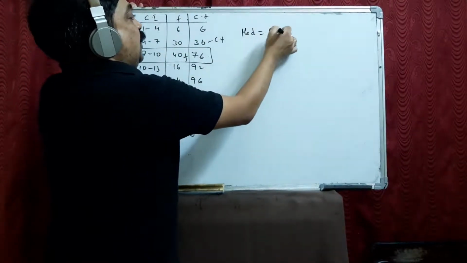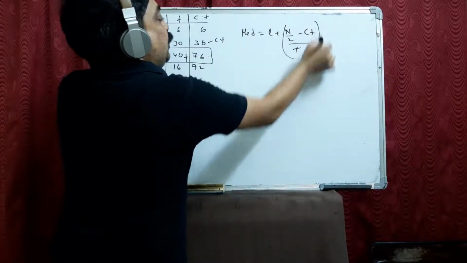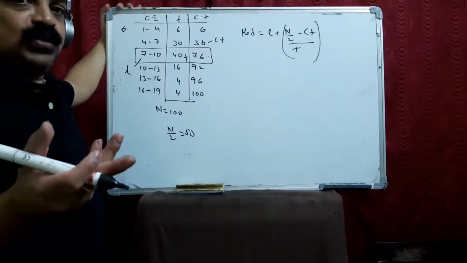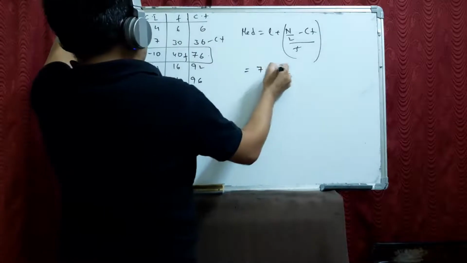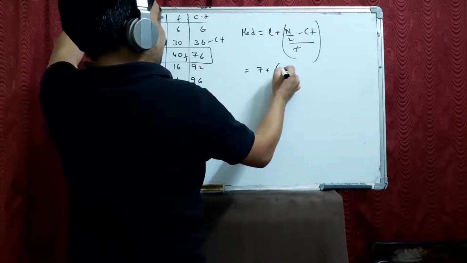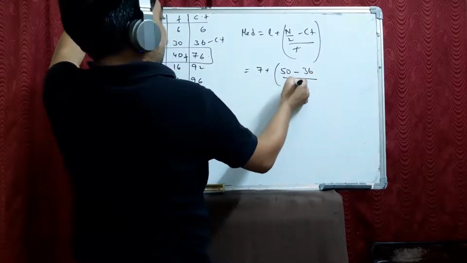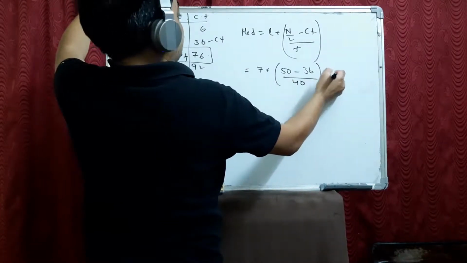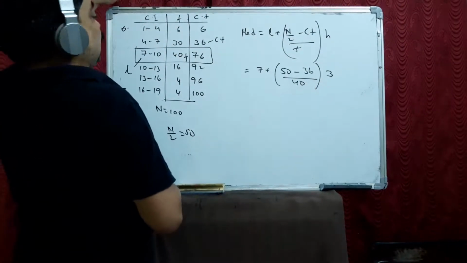Median is L plus. Actually in these problems they ask us to find the mean and mode also, but I am not doing that, I am doing only the median, because you can do the mean and mode yourselves. So L is 7 plus N by 2. N by 2 is 50 minus CF. CF is 36 by F. F is 40 into H. H will be 3.